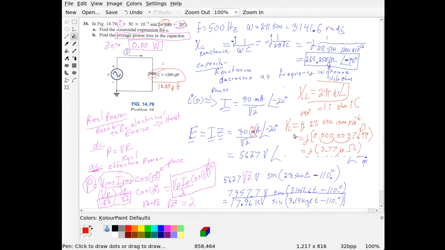Okay, so at 500 hertz, this amount of inductance has practically no reactance at all. This is tiny, right? 3.77. Look at all these zeros up here. That's just a tiny, tiny value.